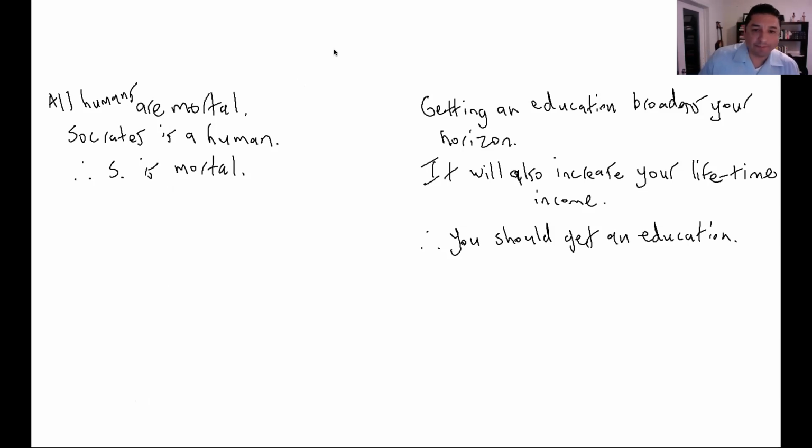So if we removed this premise here, Socrates is a human, Socrates is mortal, therefore. That wouldn't work, because the alien who would consider this argument wouldn't know anything about humans. He wouldn't know that humans are mortal. For all the alien knows, they are immortal.